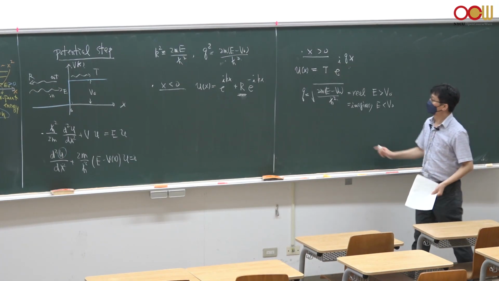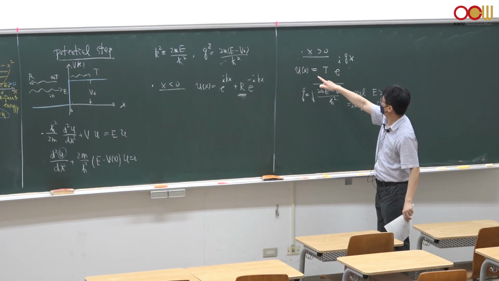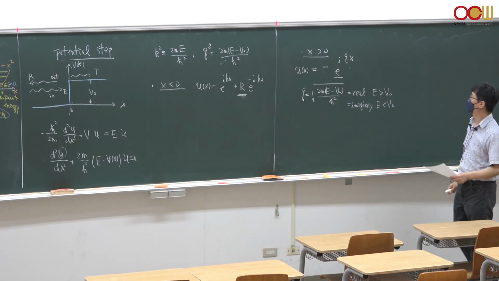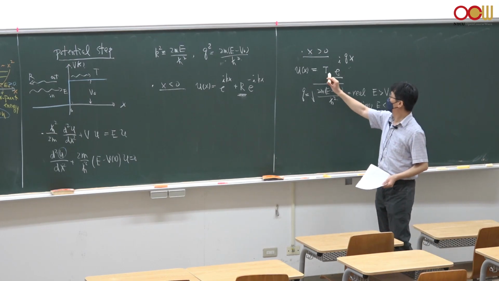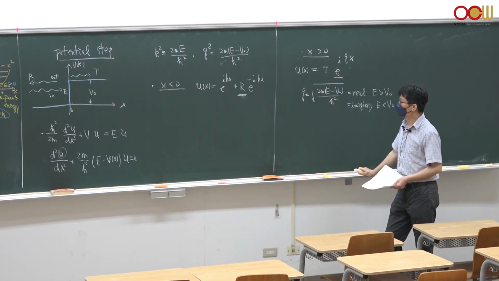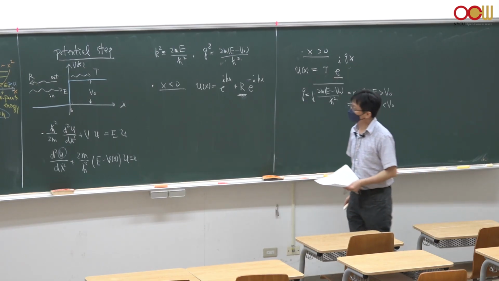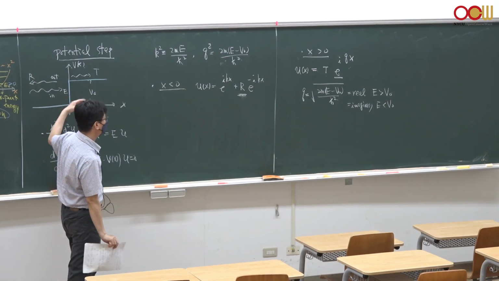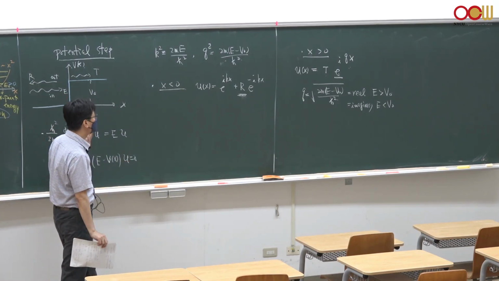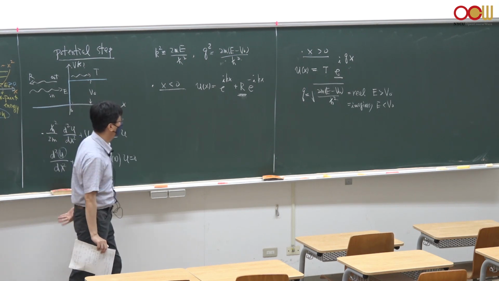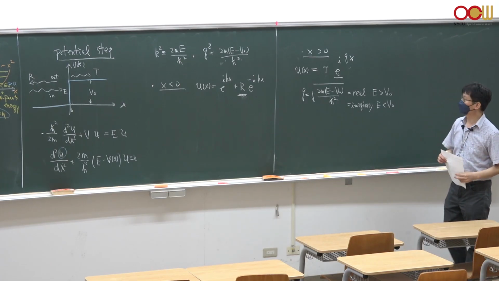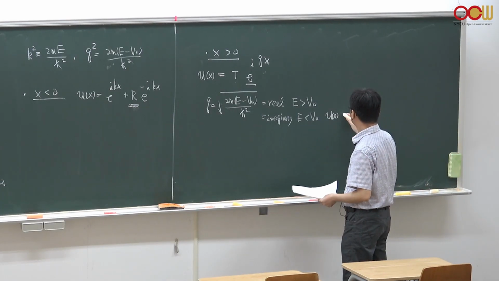And on the other side of this potential, the particle has a plane-wave-like solution with the proper coefficient T, which is the transmission coefficient. However, if the incoming energy is lower than V0, like this, then we could still have some solutions on the positive side of the potential step, but this q is purely imaginary, meaning this solution is an exponential decay.